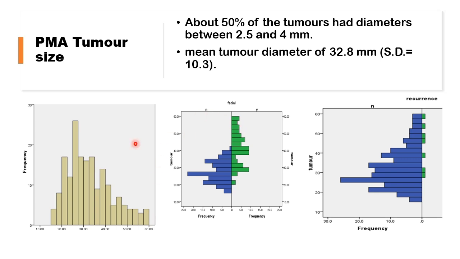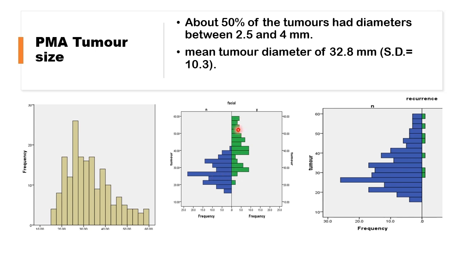But if you relate this size on one side to the facial nerve dissection on the other side, you would see clearly that facial nerve dissection, in green, is almost always carried out in bigger tumors, tumors above the size of 3 centimeters.